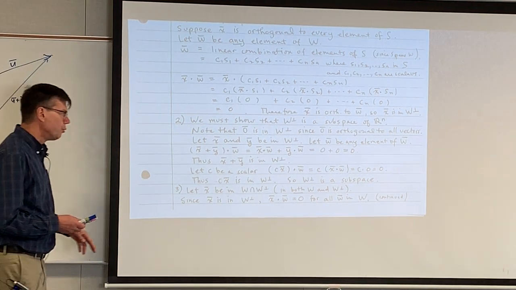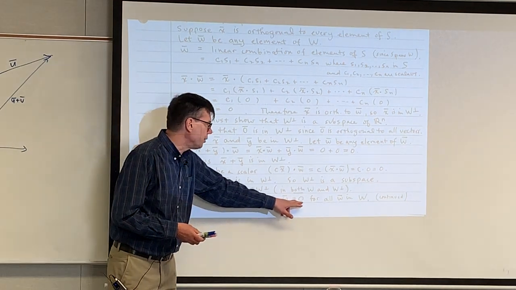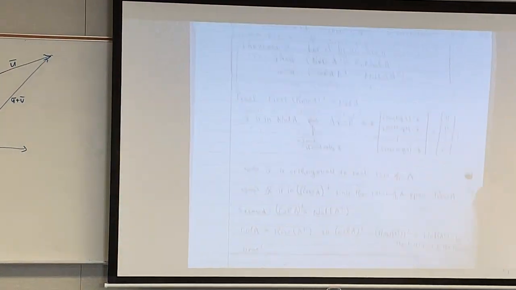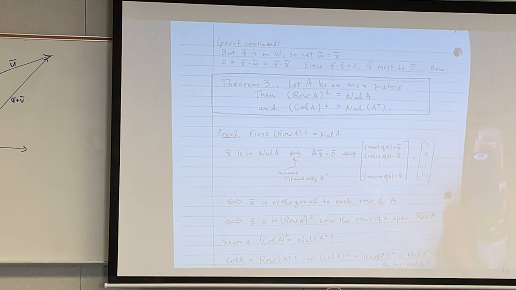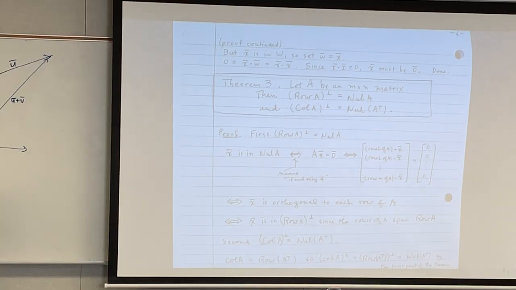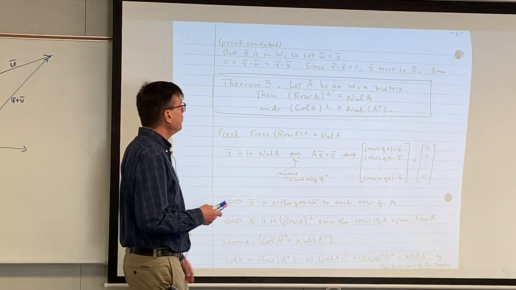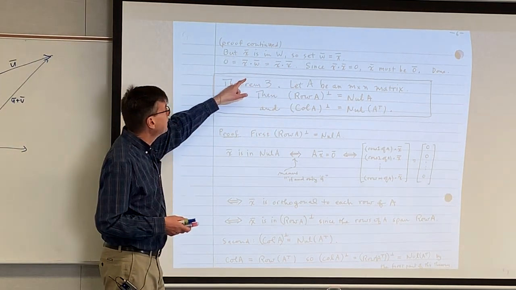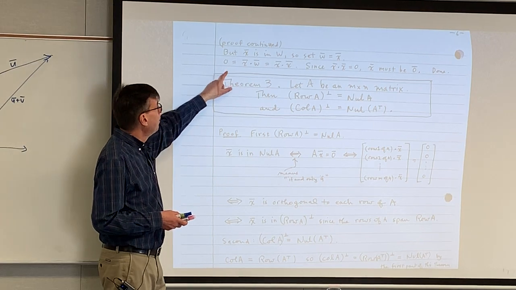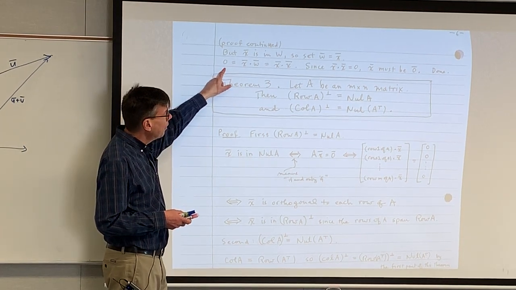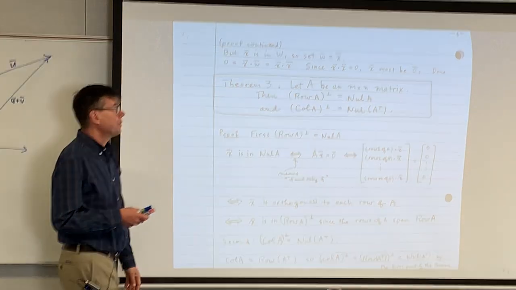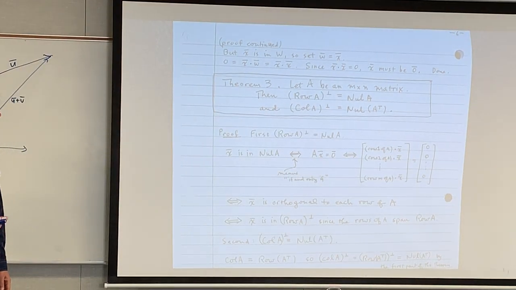Since X is in W perp, X dot W is 0 for all W in W. Just turn the page. Last page now. But X is in W, so set W equal to X. So that means X dot X is a potential X dot W. But if X dot X has to be 0, then the only way the dot product of a vector with itself can be 0 is if the vector is 0.